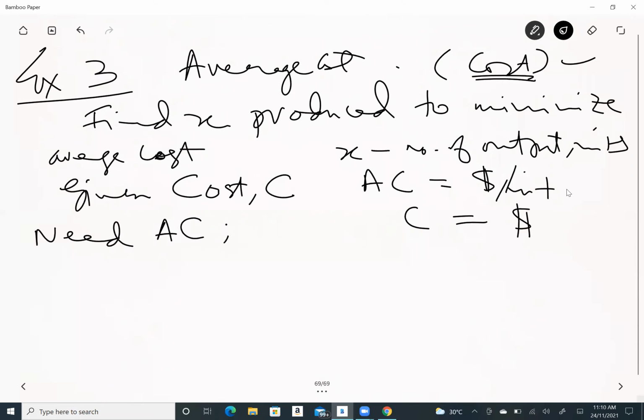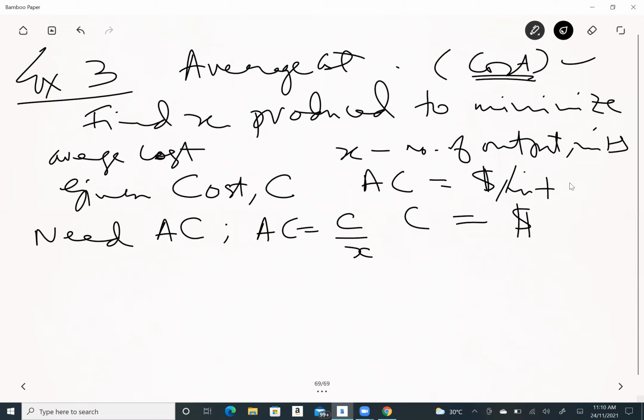So you still use the formula from before, right? So average cost is equal to what? C over x. If you look at the book, they divide the cost by x. So we get the average cost.